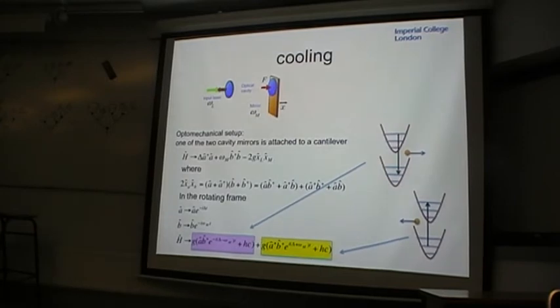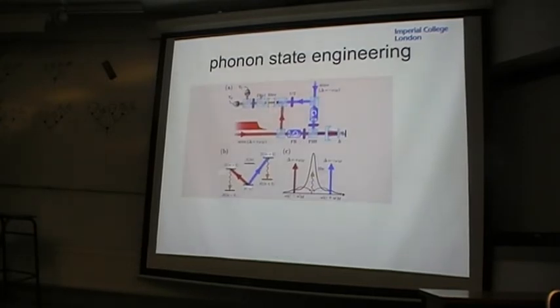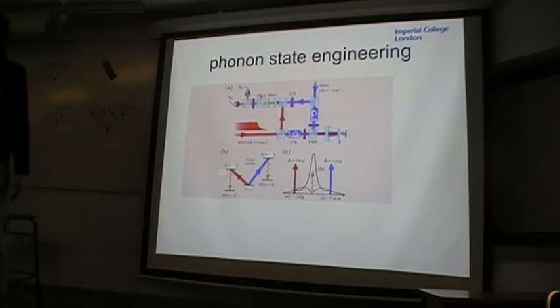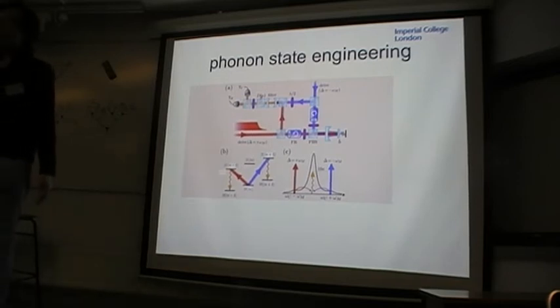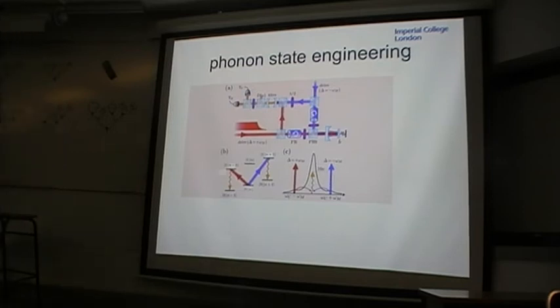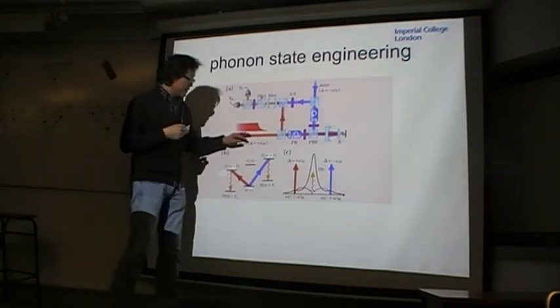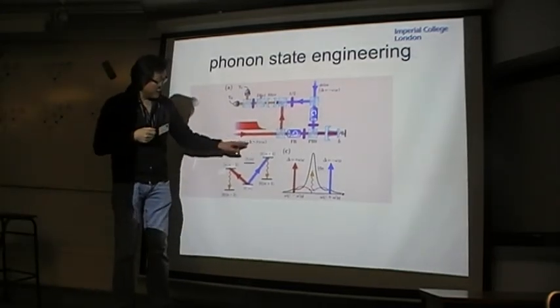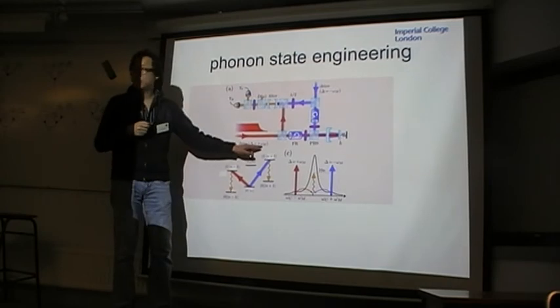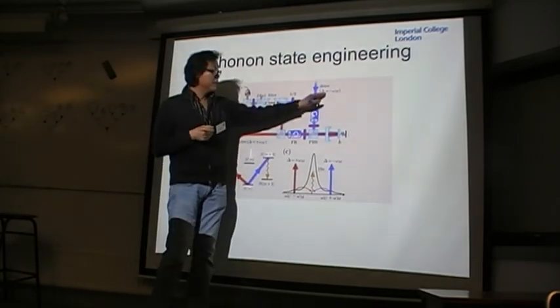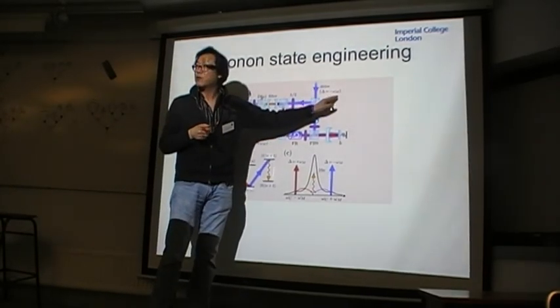So how about this? We do the thing, but we don't know if we have subtracted or added. How do we do it? This is a field whose detuning is the same as plus omega m, and that is the field whose detuning is the same as minus omega m.